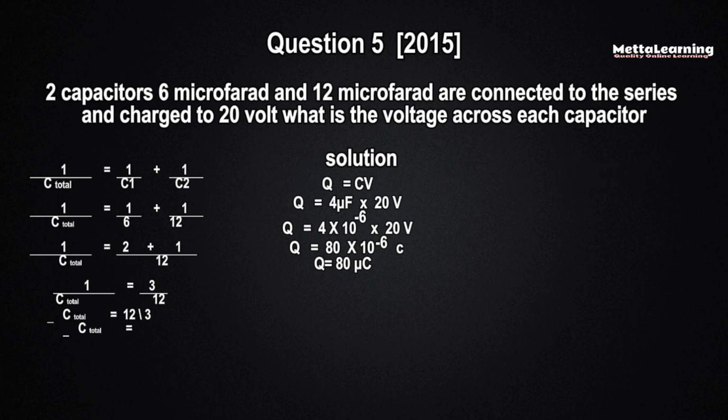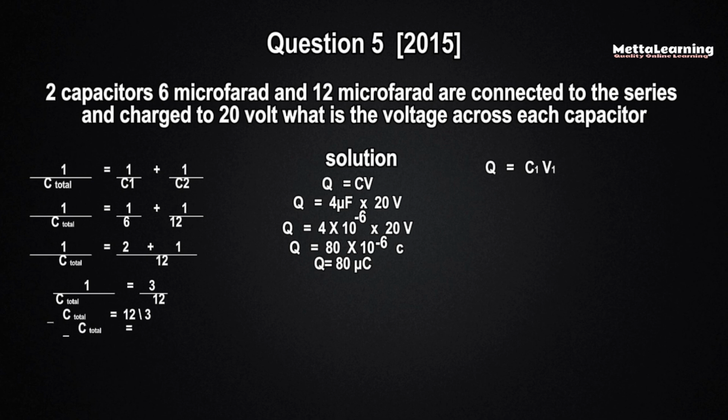Now the question we need to solve is to calculate the voltage across each capacitor. So we know that the first capacitor is 6 and the second capacitor is 12. So let's calculate it. Using the formula Q equals CV, we have the quantity of charge on the capacitance and we want the voltage across each capacitor.